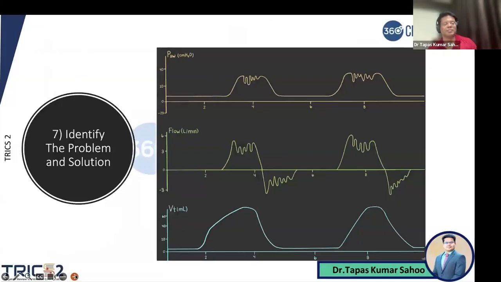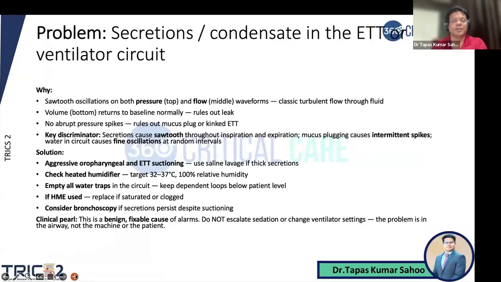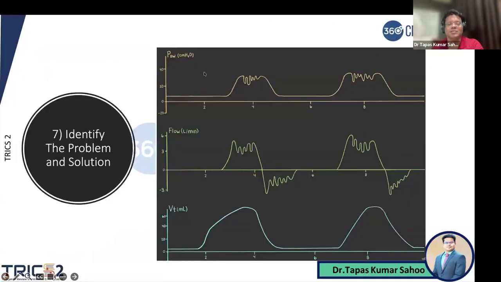Now, question number 7. Identify the problem and the solution. Here, what is happening? The problem is secretions or condensate in the ET tube or ventilator circuit. Now, how are you diagnosing this? There are sawtooth oscillations on both the pressure and flow waveform. You can see, right? This is sawtooth.